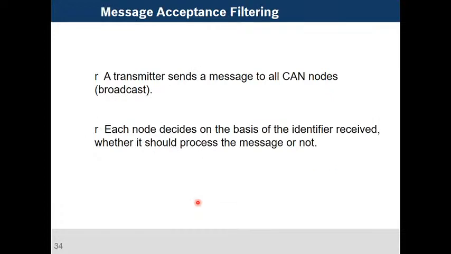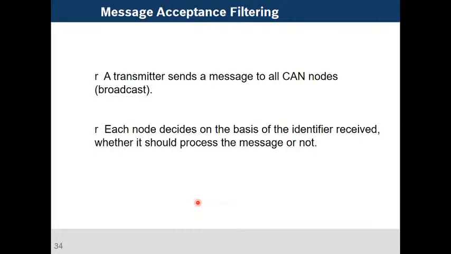We have message acceptance filters. Already I have mentioned, if you want to accept only a few of the frames, then you can set the filters. Initially I told you all the nodes receive all the frames. If you transmit one frame on the bus, then all the nodes will receive it.